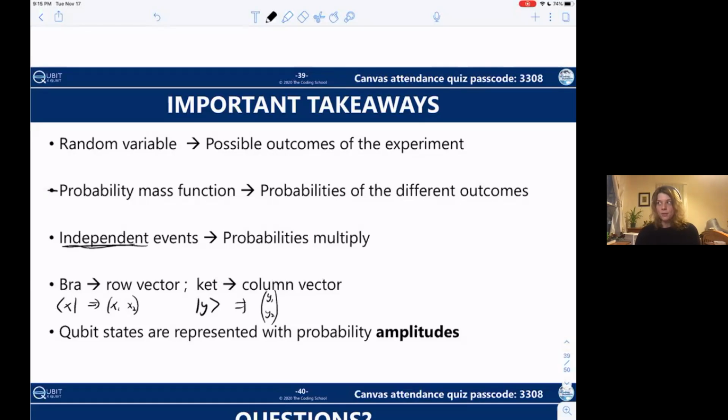And these amplitudes are what are most convenient to use for this mathematics. If you're familiar with the Schrodinger equation, we're using these quantum states, which are probability amplitudes, to describe it. That's just H psi equals E psi. All of our math works with these probability amplitudes, not the probabilities themselves.